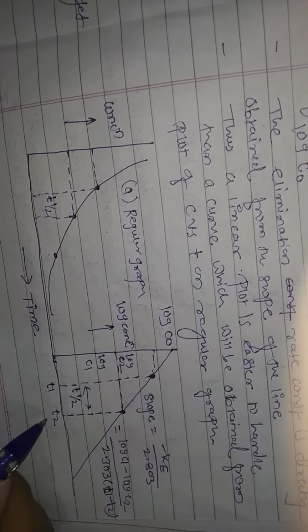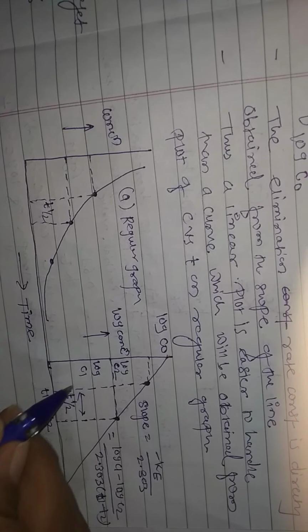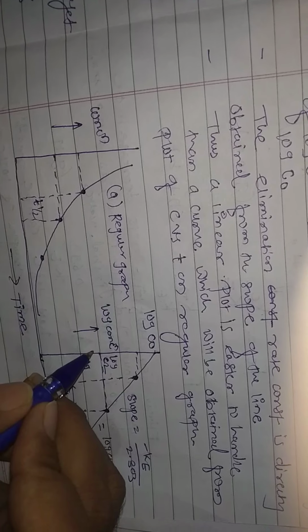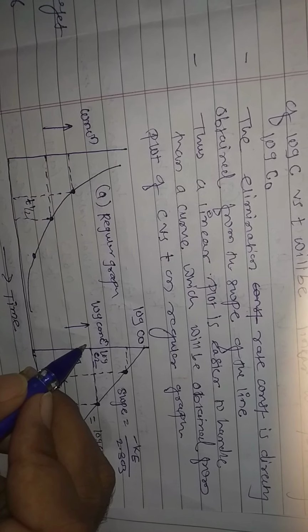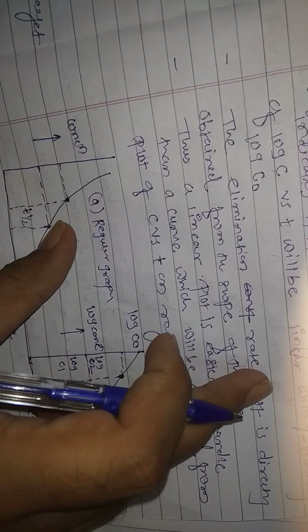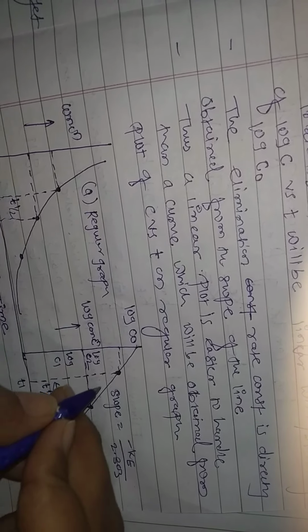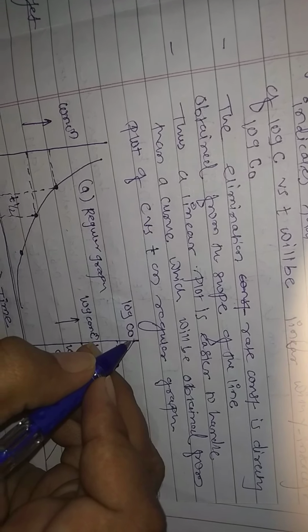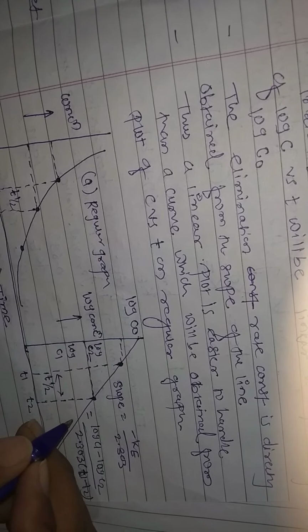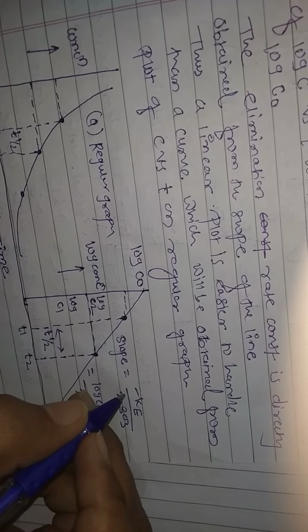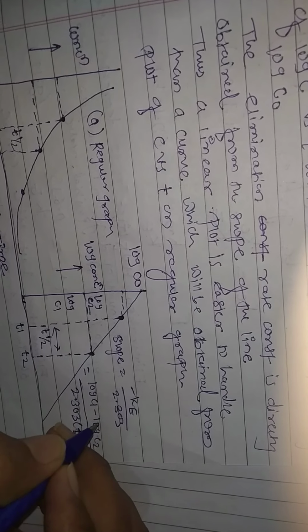Here, by taking a graph of concentration versus time, that is log C versus time, if you plot the elimination rate constant graph, we get log C and time t, which intercepts the y axis at log C0. So it will give the exact concentrations, that is C1 and C2 at time intervals T1 and T2. Here the slope is equal to minus ke upon 2.303.